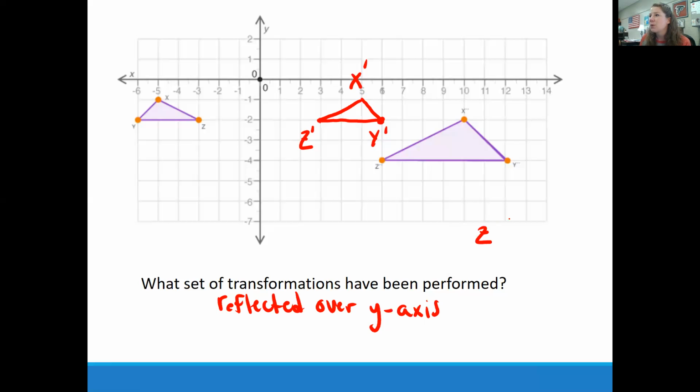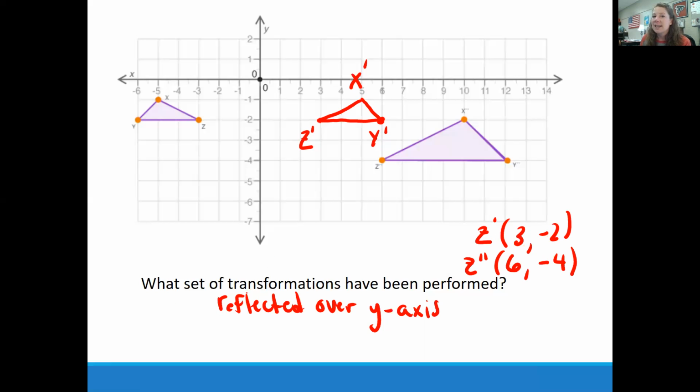All right, now I'm going to look at Z prime. Z prime's coordinate is 3, negative 2. And Z double prime's coordinate is 6, negative 4. So what would I do to 3 to get to 6 and negative 2 to get to negative 4? I would multiply each of those by 2.